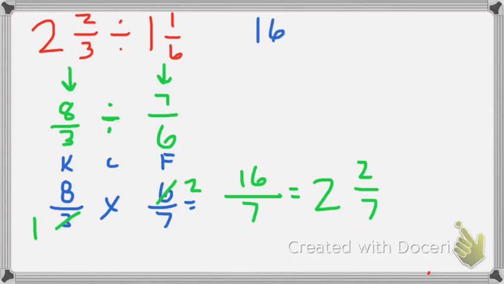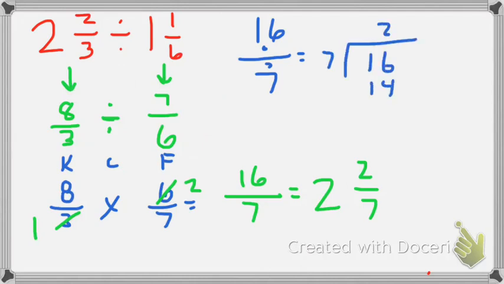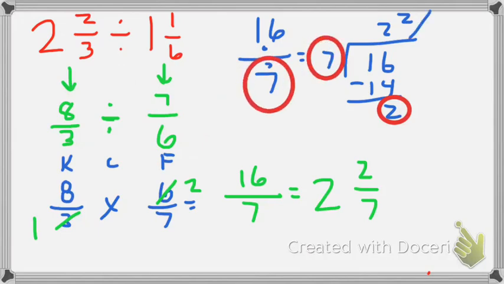So when we have an improper fraction, think of this as saying 16 divided by 7. Your remainder becomes your numerator, and your denominator stays the same. And that's how we get 2 2/7.